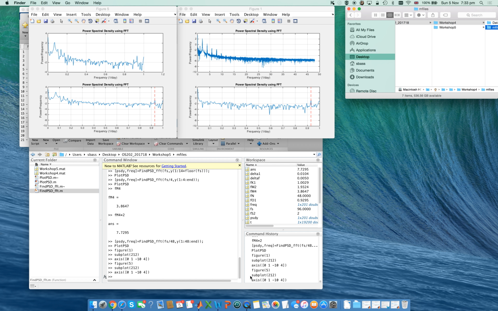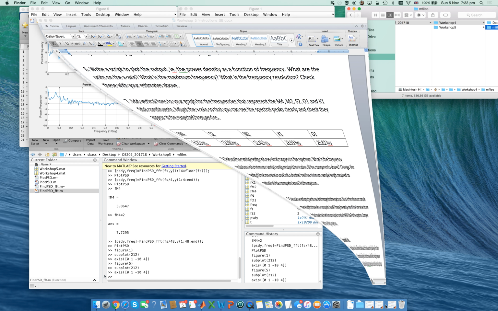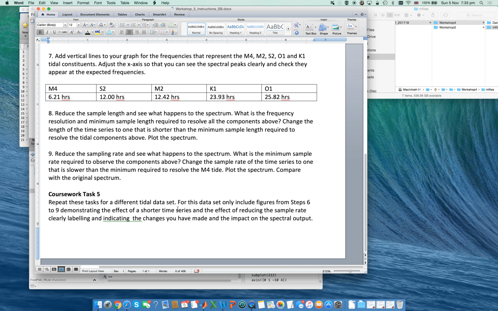I think that brings us to the end of the workshop. So for your coursework, can you please repeat these tasks? You can use a different tidal data set, maybe the one you used in Workshop 4. You don't need to do it for the 2012 data set.